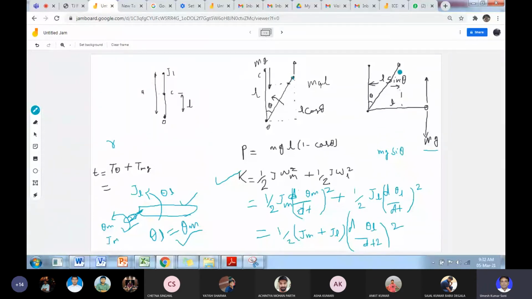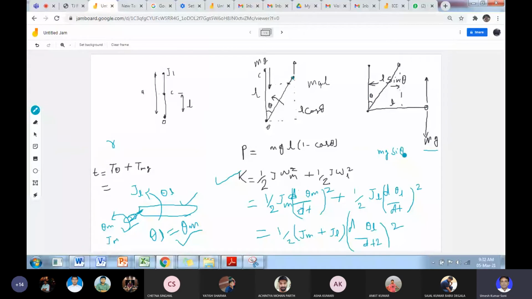And if theta is 0, then there is no useful torque, because the torque will be maximum in the case of 90 degree.